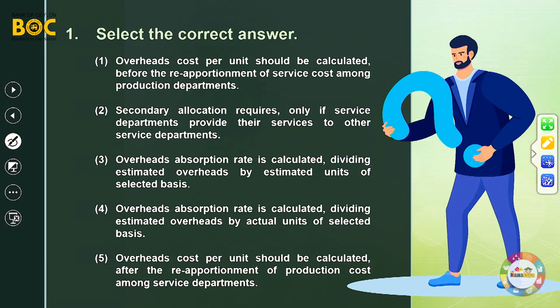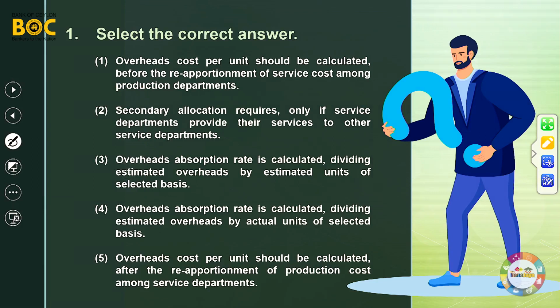So question number 1. The overhead cost per unit should be calculated before reapportionment.